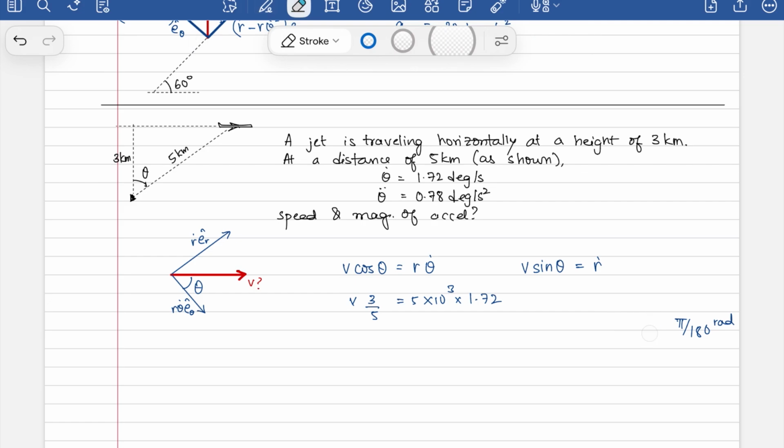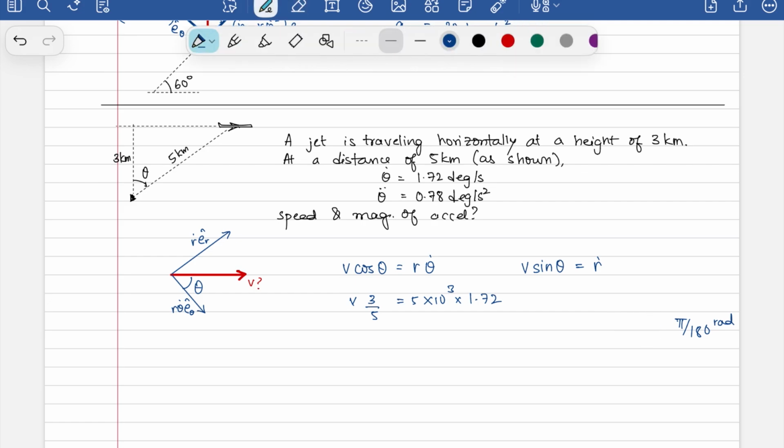So if you were to now change your degrees per second to radians per second, all you have to do is multiply by pi by 180, and this gives you radians per second. With that, you've safely taken care of all aspects in this problem with so many clues that you have to account for. And so now you will get v is equal to 250 meters per second. Nice number.